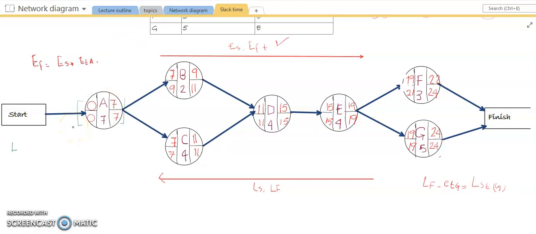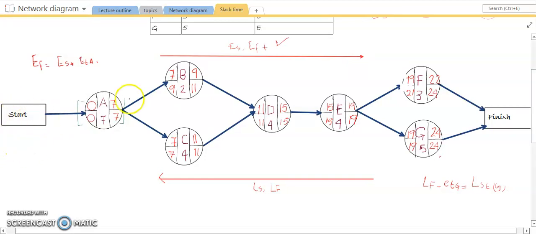Here you can either calculate from this side of the node or the other side of the node. For calculation, you can write the formula, which is very simple: latest start minus earliest start is equal to slack, or you can calculate from this side as well, which is latest finish minus earliest finish is equal to slack.